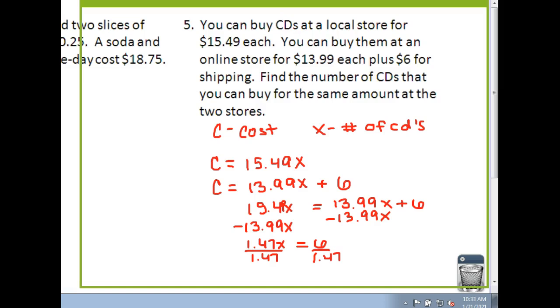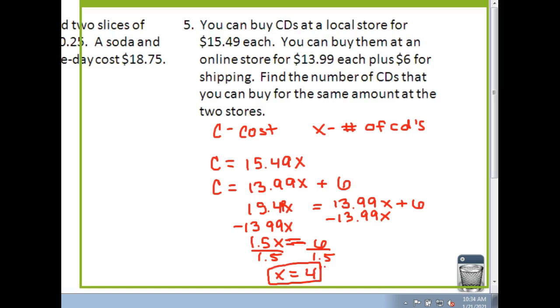Actually, sorry, I typed in 15.46, not 49. So we divide by $1.50. So 6 divided by 1.5 is 4.